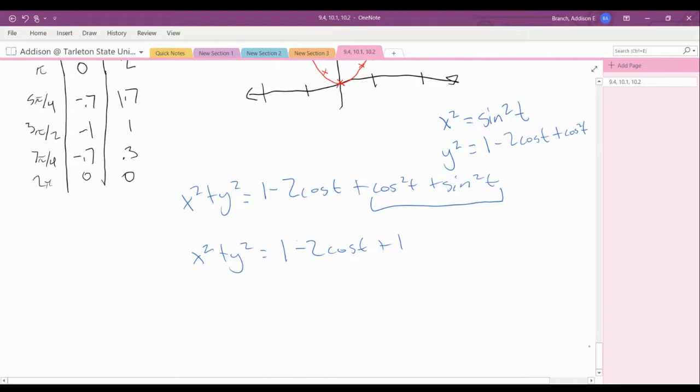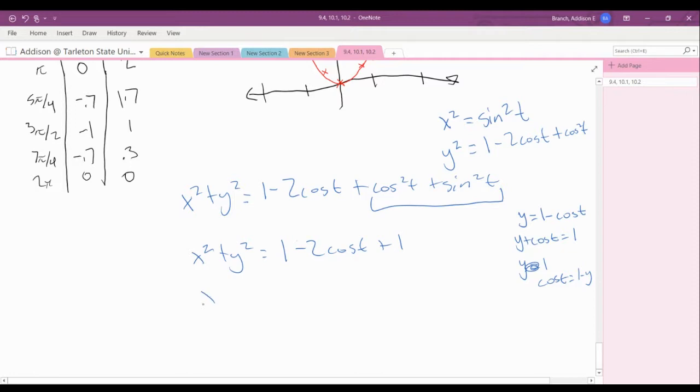Since we know that's a cosine of t, we can go back and use our y to solve for it. We know that y is equal to 1 minus cosine of t, so cosine of t is 1 minus y.